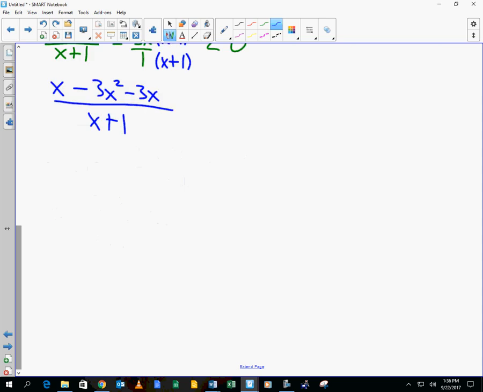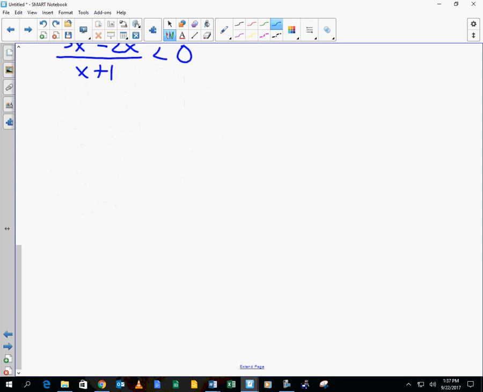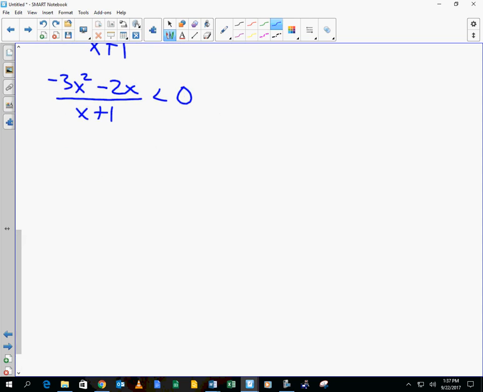So good. We distributed the negative 3x. We've got an x and then minus 3x squared and minus 3x. It's less than 0. Combine those, negative 3x squared minus 2x over x plus 1. I would love to take out a negative x.